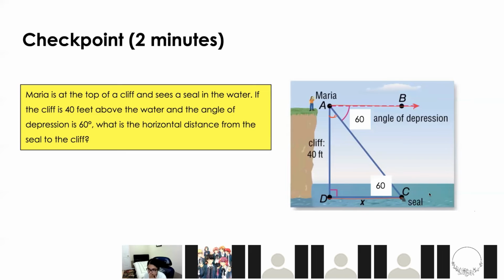Okay, wait, Andrew, I think you're still off. Okay, Matthew, you can explain. Since they tell us that the angle of depression, like over here, is 60, that means this part has to be 30.